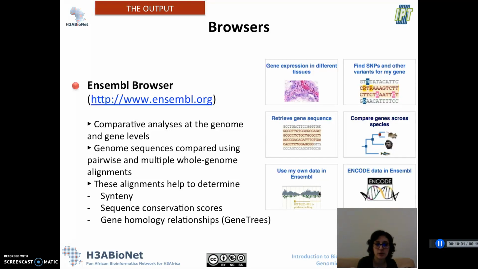This could help you to determine synteny, sequence conservation scores, gene homology relationships, etc. You have here just an example of what you can do through the sequences, and this is what we will be seeing also through the alignment of query sequence using this browser during the assignment.